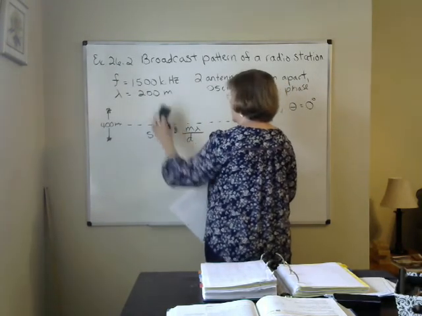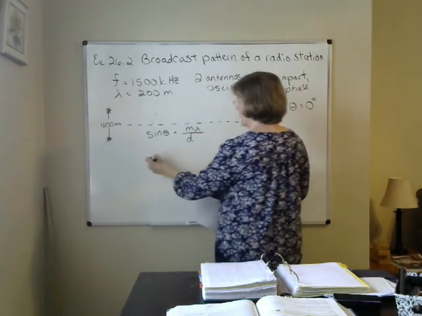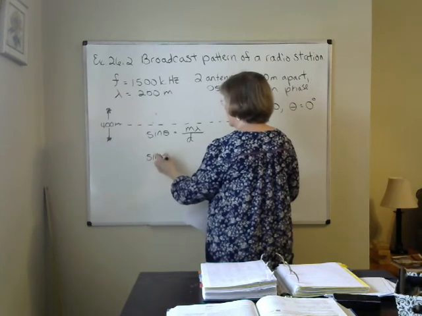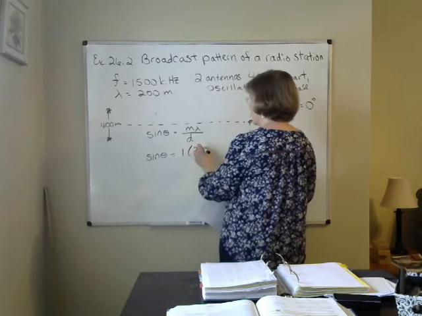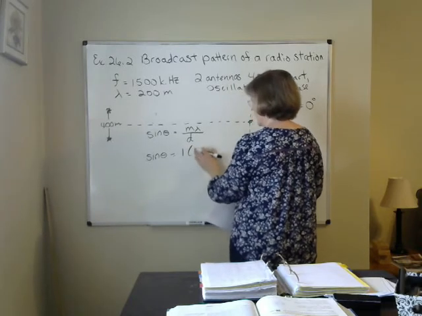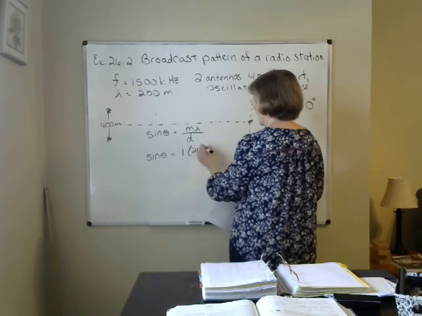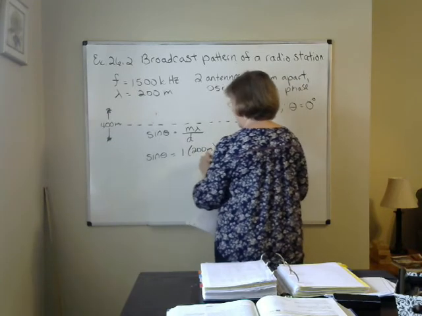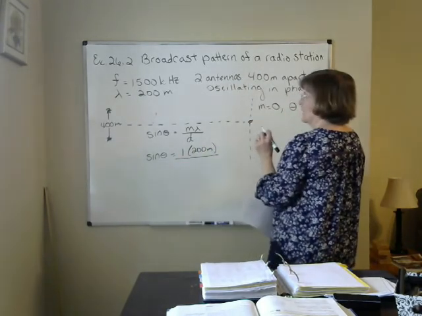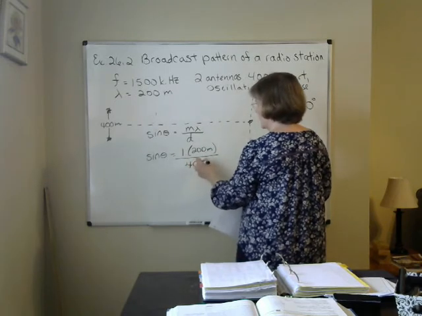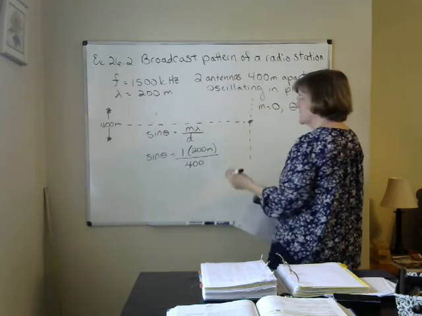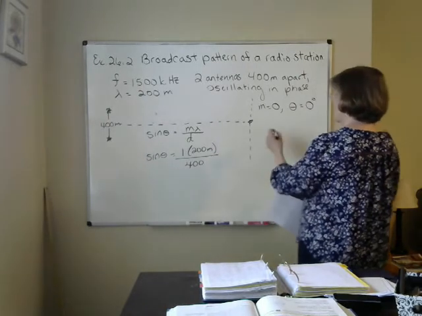What if m equals 1? Well, now we're going to have to do a little more math. So sine theta equals 1 times the wavelength, 200 meters, over the distance between the antennas, 400, so theta is the sine inverse of 1/2.